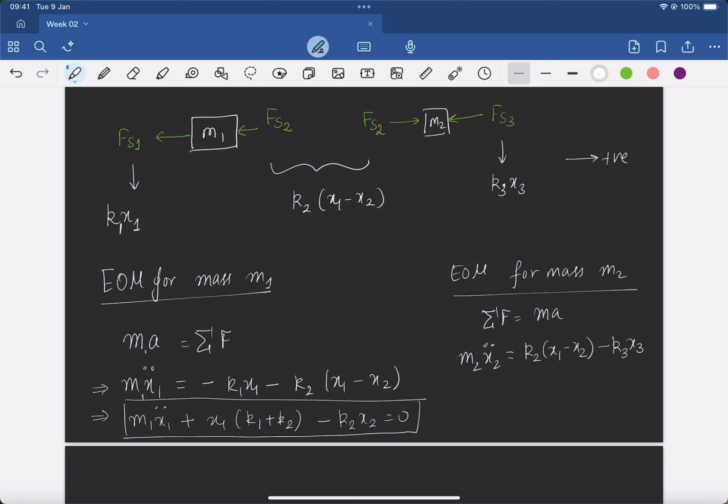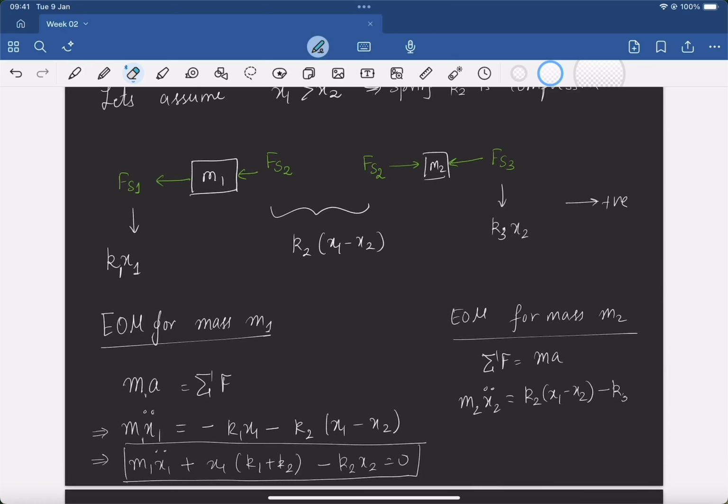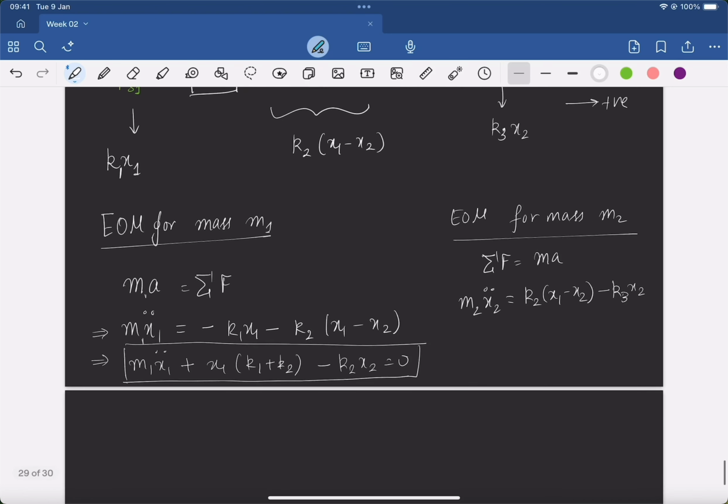There is no x3 here, my mistake. So this would be k3 into x2. Or in other words, I can write m2 x2 double dot minus k2 into x1 plus x2 into k2 plus k3 is equal to 0.